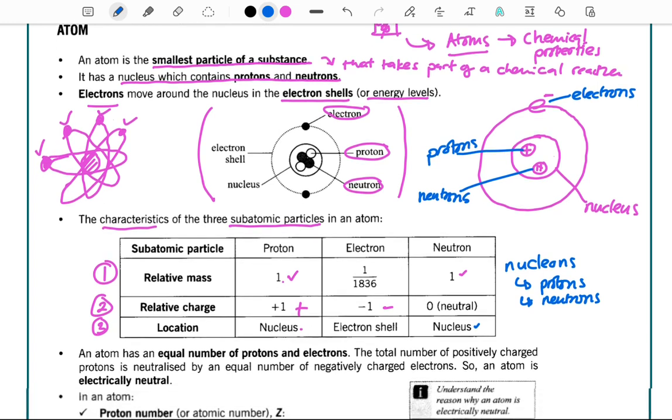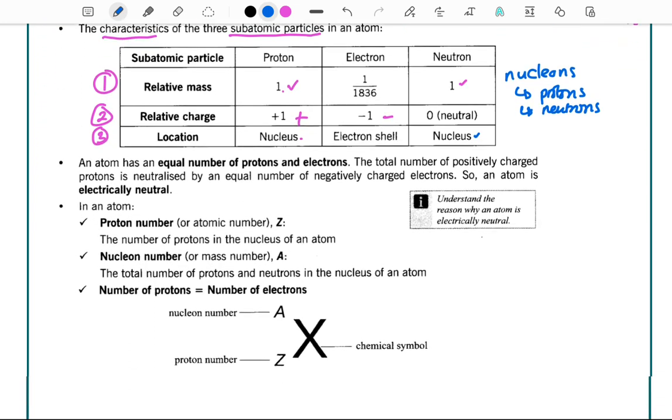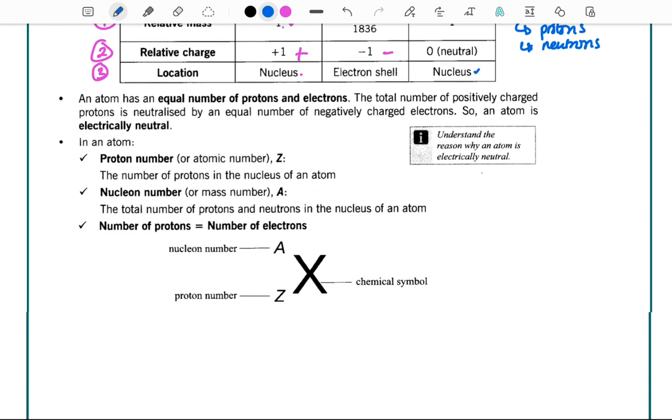Okay, going further with our notes, an atom has an equal number of protons and electrons. So let's say we have 2 protons. If we have 2 protons, which is positive, we are also going to have 2 electrons, which are negative. So the number of protons is equal to the number of electrons.